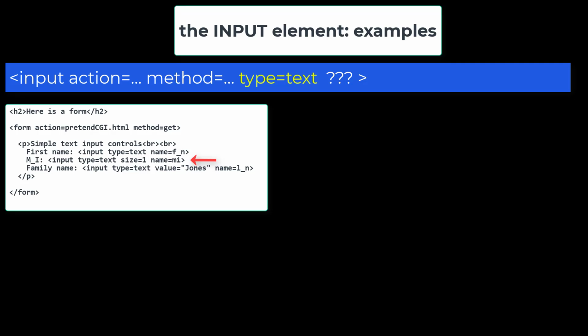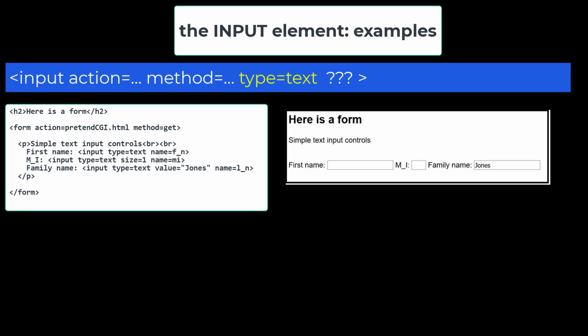MI, input, type equals text, size equals 1, name equals MI for middle initial. Family name, input, type equals text, value equals Jones, name equals L_N for last name. End of paragraph, end of form.